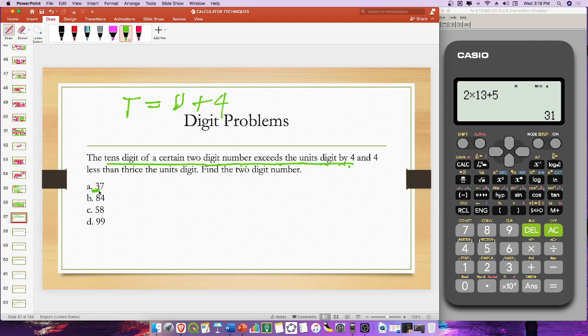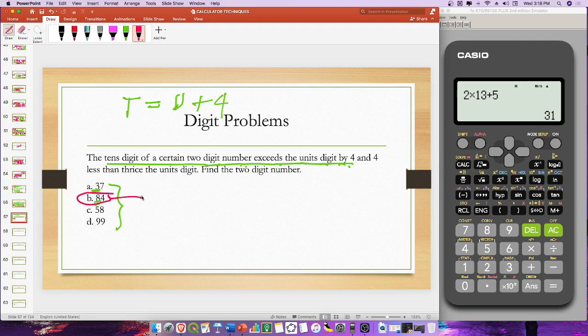According to this, the tens digit of the number exceeds the unit digit by 4, meaning the tens digit is greater than the unit digit by 4. Which of the choices has a tens digit greater than the unit digit by 4? It's only in letter B.